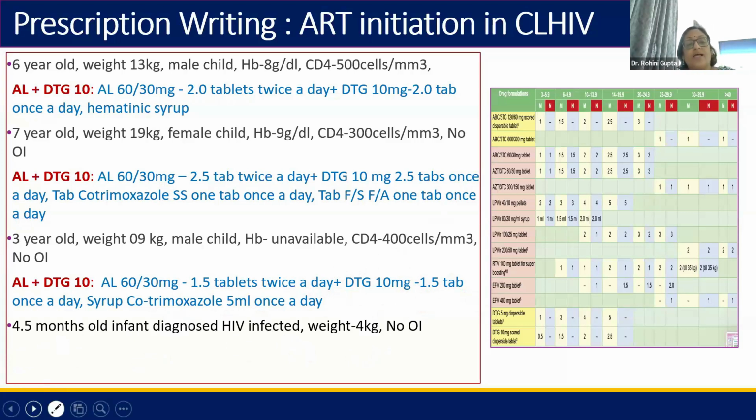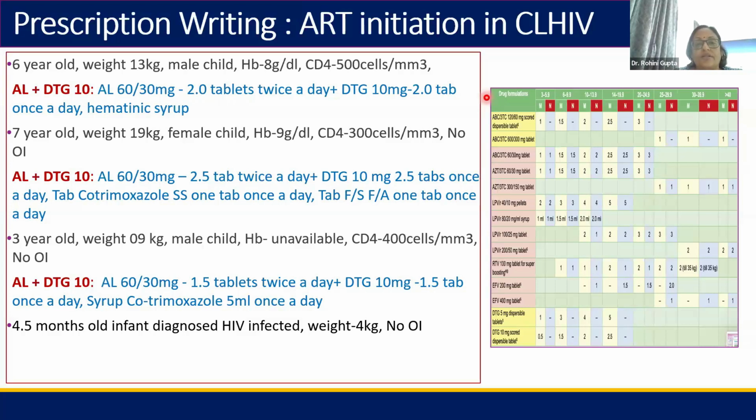So the last is a 4.5-month-old infant diagnosed HIV infected through DBS testing. Weight is 4 kgs. What prescription would you give? What regimen? What is the dosage? Okay, thank you. People have answered.